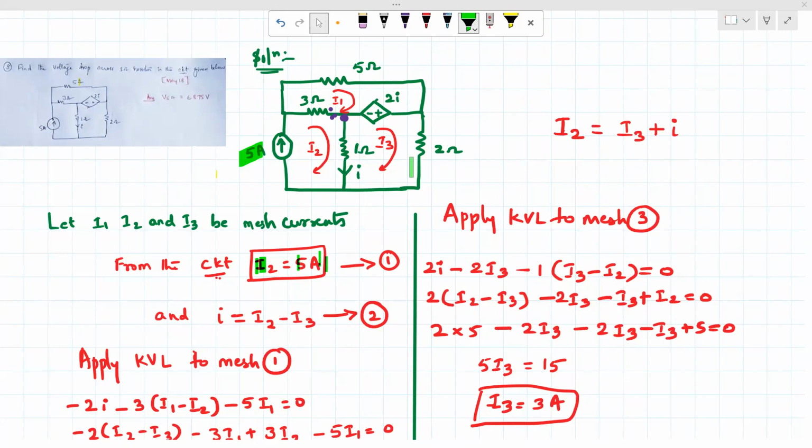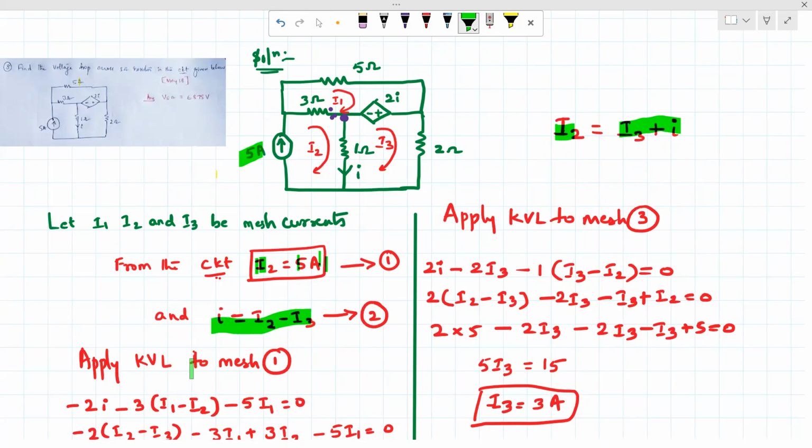Outgoing is I3 and I. So incoming current I2 is equal to outgoing current I3 plus I. By rearranging this, what do you get? I is equal to I2 minus I3.